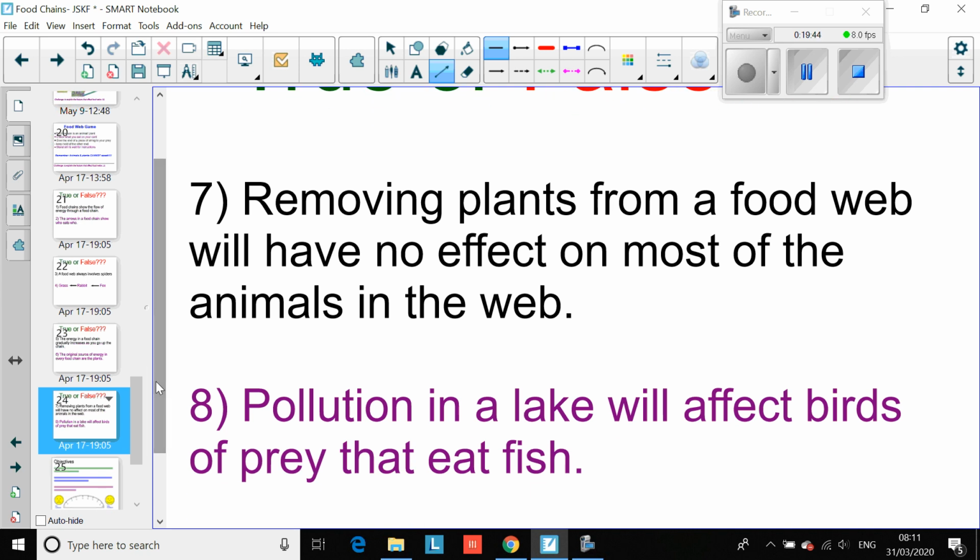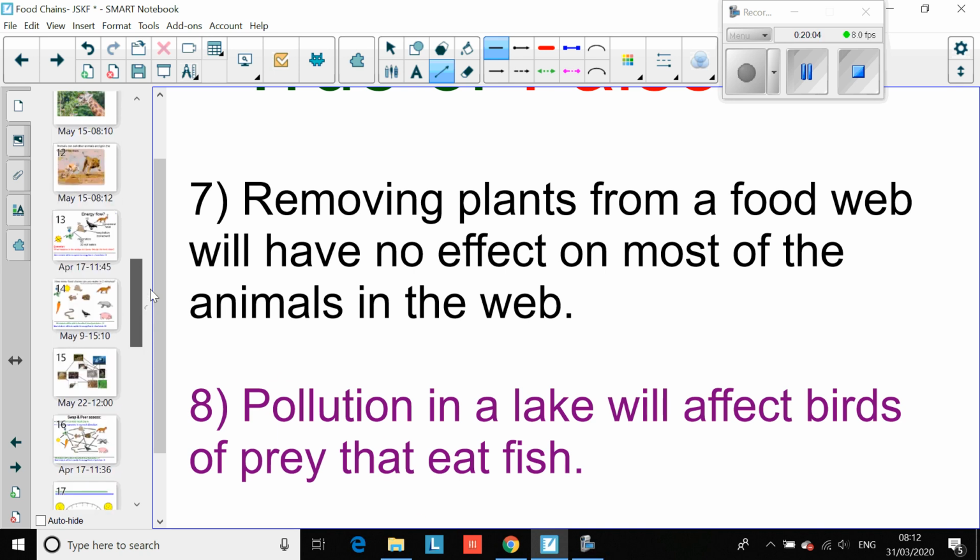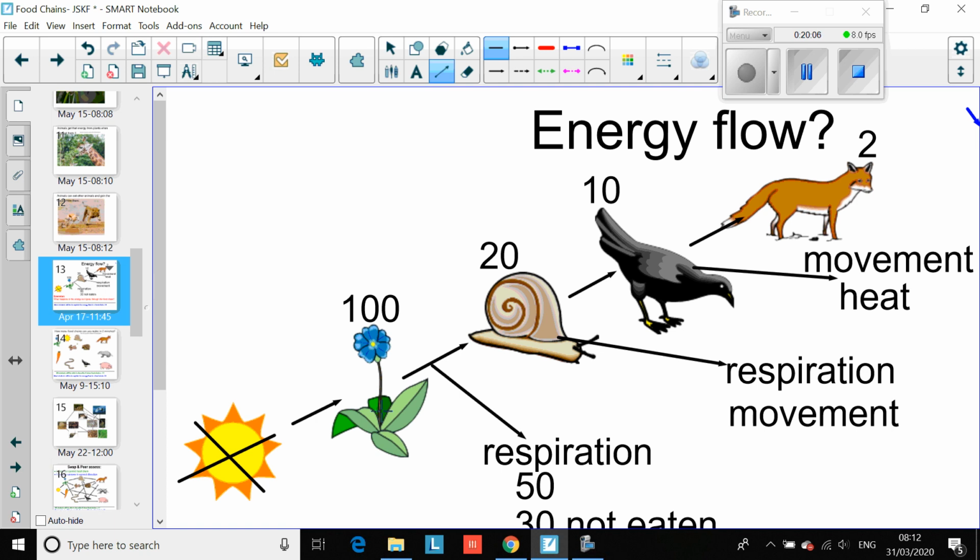Right, last question. Pollution in a lake will affect birds of prey that eat fish. True or false? Okay, that one is true because pollution will work its way up the food chain and affect the bigger animals. So if I just quickly go back for a moment, say to this food chain here, if, for example, there was a pollution in plants, such as, say, a pesticide, when the snail comes along and eats the plant, the pesticide goes into him.